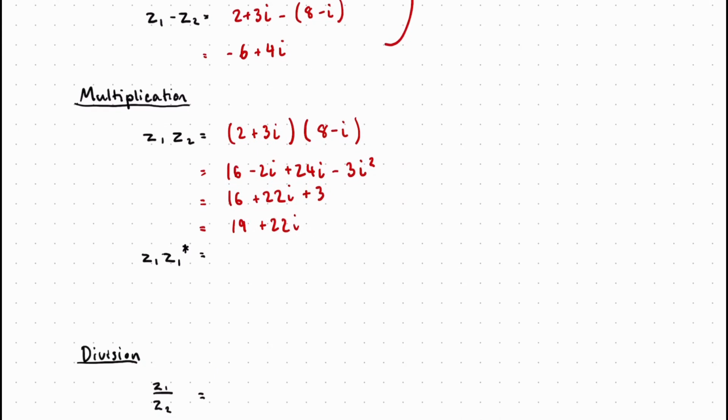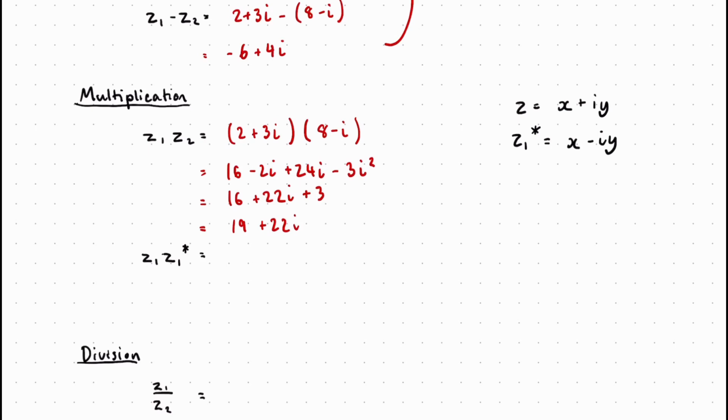So we're now going to have a look at this question here, which is z1 times z1 with an asterisk next to it. So what is z1 with an asterisk? Well, whenever we have the asterisk, what it refers to is the conjugate. So we can say that if z is equal to x plus iy or yi, then the conjugate is x minus iy.